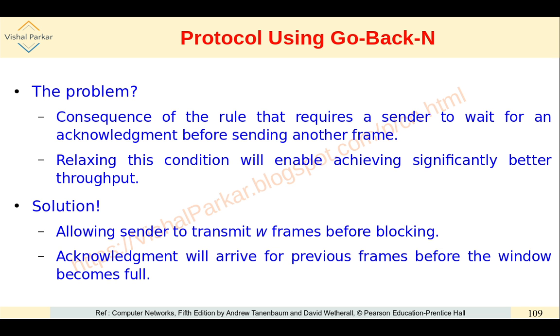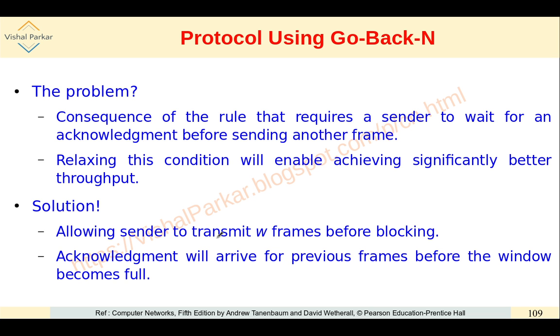Hence, the solution lies in allowing the sender to transmit some W frames before blocking. So rather than simply sending one and waiting for its acknowledgement, the sender is now allowed to transmit W frames, and after sending the W frames, it will be blocked.